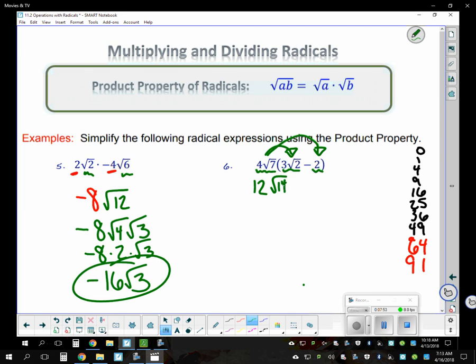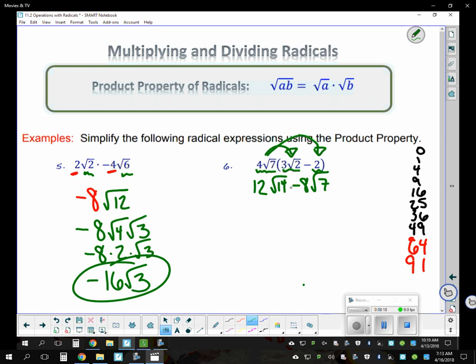And then minus, and then 4 times 2 is 8. Square root of 7 times there's nothing back there, so it stays square root of 7. Now again, we need to see if we can combine them, adding and subtracting, but they're not like radicals.